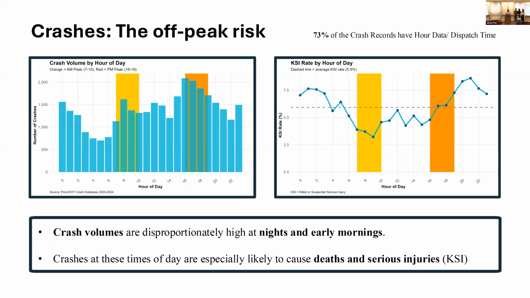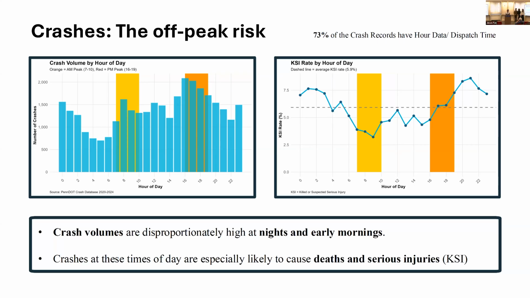The right chart shows KSI rate by hour, meaning the share of crashes that result in death or serious injury. The dashed line is the citywide average of 5.9%. During peak hours, the KSI rate falls below that line. Congestion keeps speeds down, and lower speeds produce less severe outcomes.